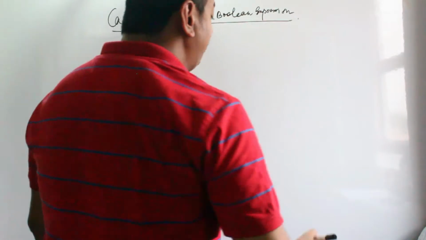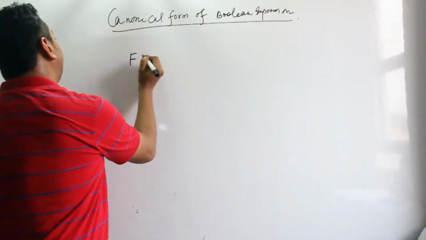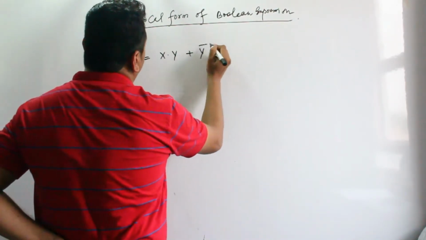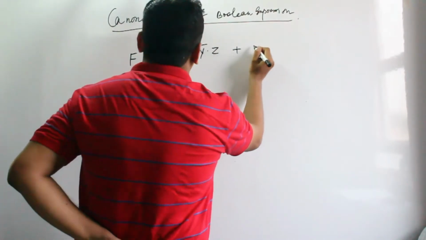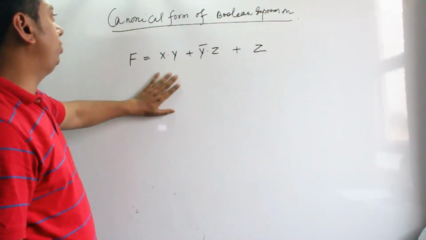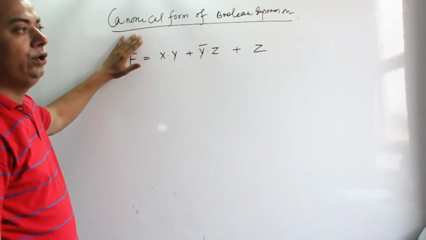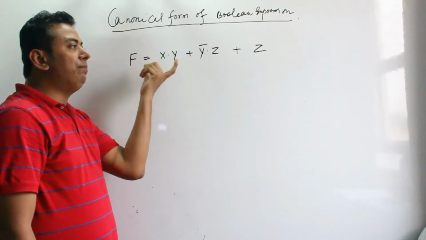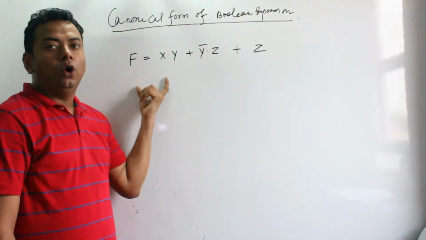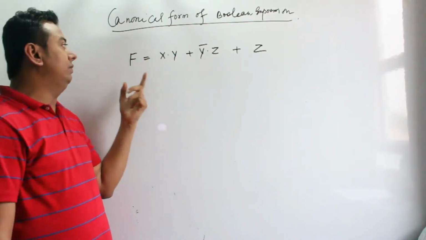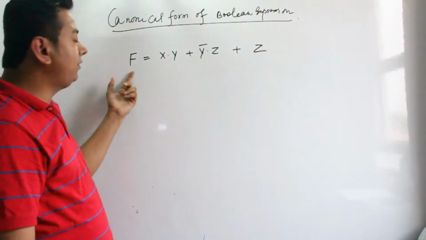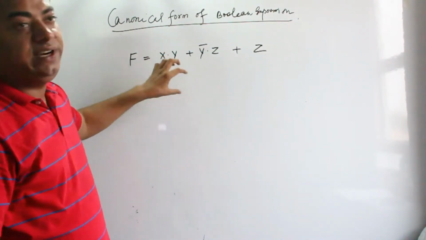Now let us suppose we have a function given: xy plus y bar z plus z. Canonical form means that for each implicant, all variables defined as domain variables for this function should be present in that literal.